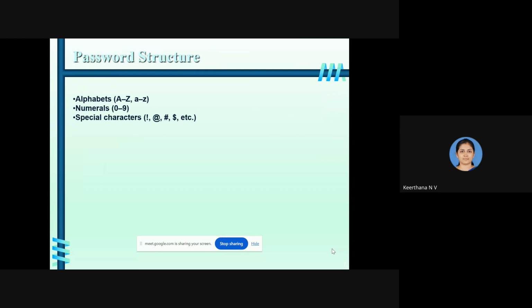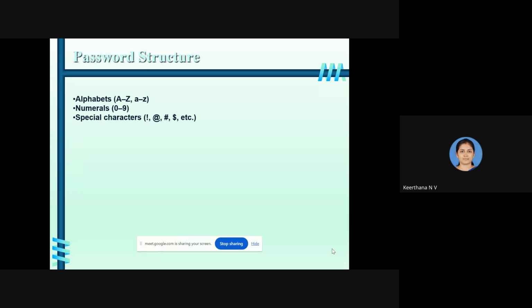You can use alphabets, either uppercase, lowercase, or a combination of both, and it should include numerals, that is 0 to 9. You can use any combination of numerals in your passwords. The third thing is special characters: exclamation mark, at symbol, hash, dollar symbol, caret, star, plus, minus, etc. You can use any type of special character in constructing your password.